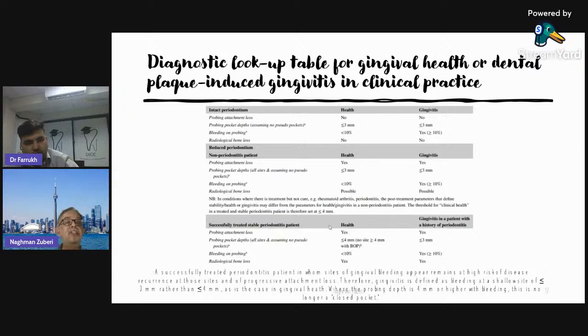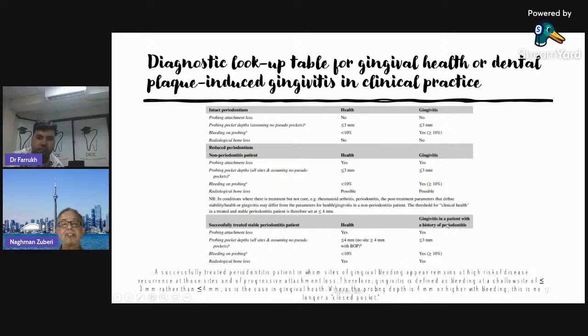Now, in case of health, what would be the situation, or in case of gingival inflammation, what would be the condition? Probing attachment loss will be present because the patient was already a periodontitis patient whom we treated, and whatever damage has occurred will stay there.